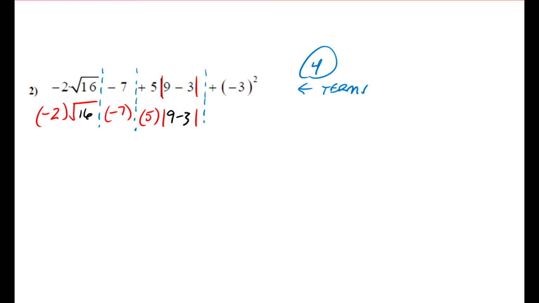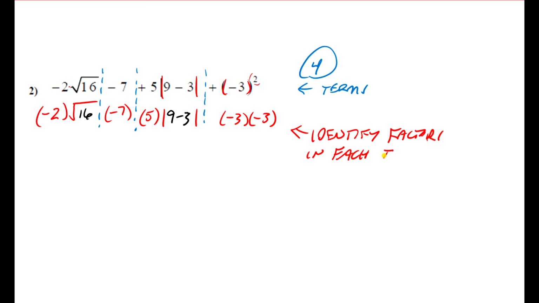And we have a power. This is a factor operator, and you notice the parentheses. So with this power, we could think of this term as having a factor of negative 3 and a factor of negative 3, or two factors of negative 3. So again, we want to be able to identify factors in each term.